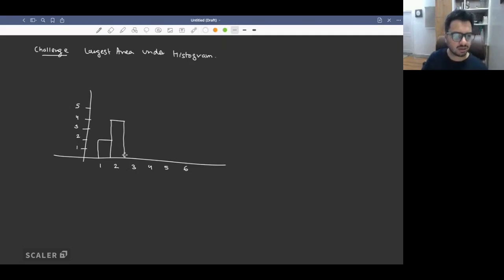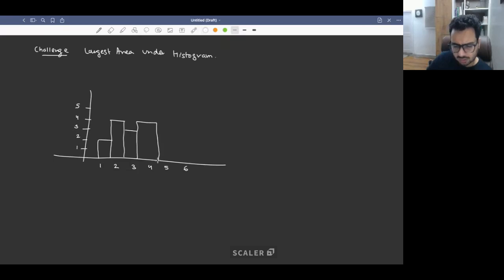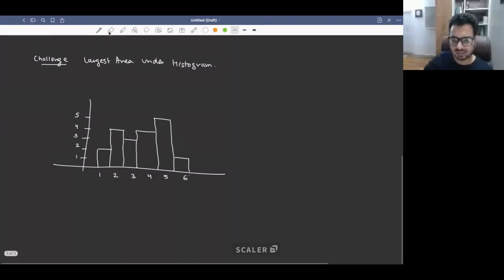The third bar is of height 3. The fourth bar is again of height 4. The fifth bar is of height 5. The sixth bar is of height 1. So this is given to me, and what I want to find is the largest area under the histogram, the largest rectangular area.